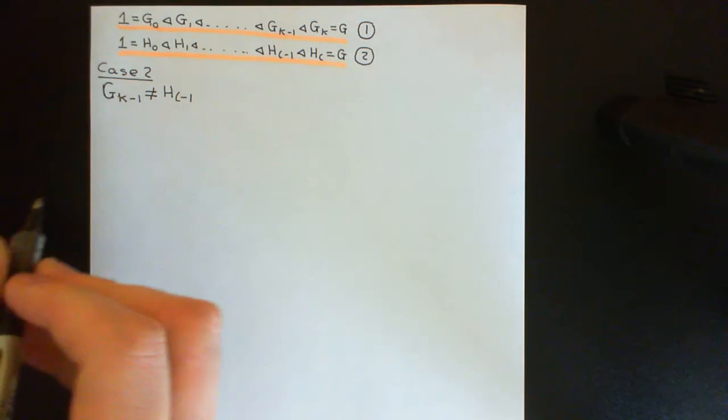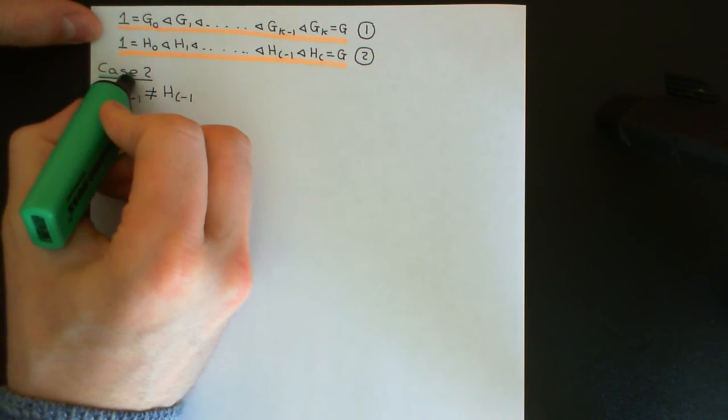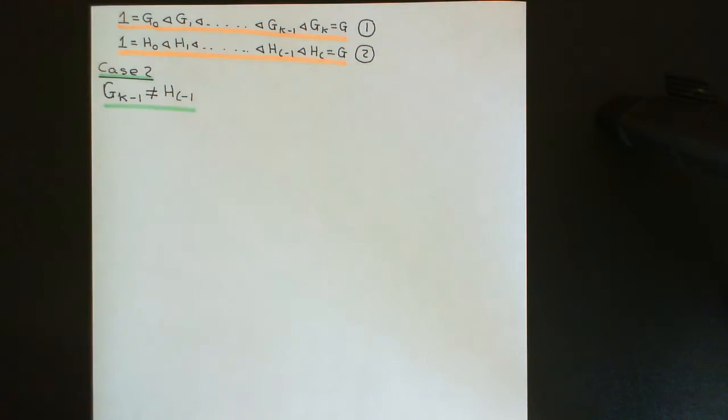They are different maximal normal subgroups in the group G. And we still want to prove that the second part of the Jordan-Hölder Theorem is going to be true, i.e. that the lengths of these composition series are going to be the same, and that the composition factors are going to correspond.